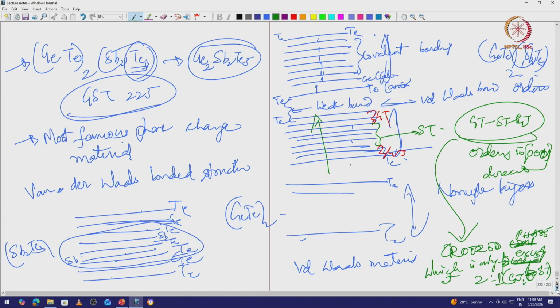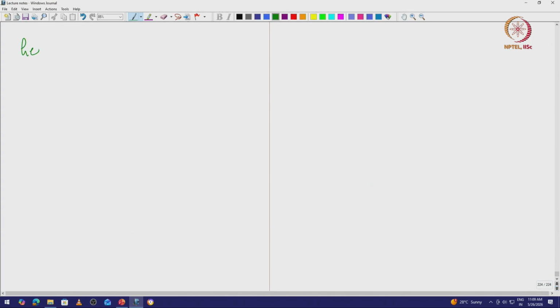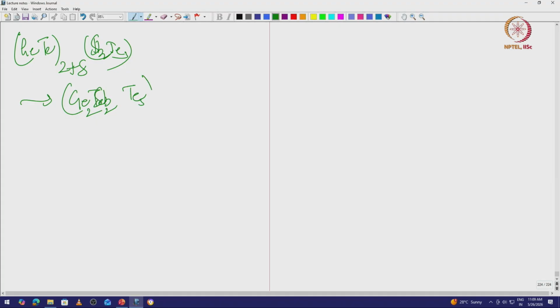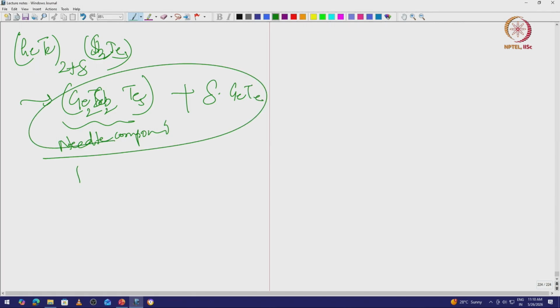So, if germanium telluride is not 2:1, it is some 2 plus delta, and Sb2Te3 is still 1, right. So, I will have this forming Ge2Sb2Te5, right. So, that is my ordered needle compound phase plus delta times GeTe, right. So, it forms a phase mixture.